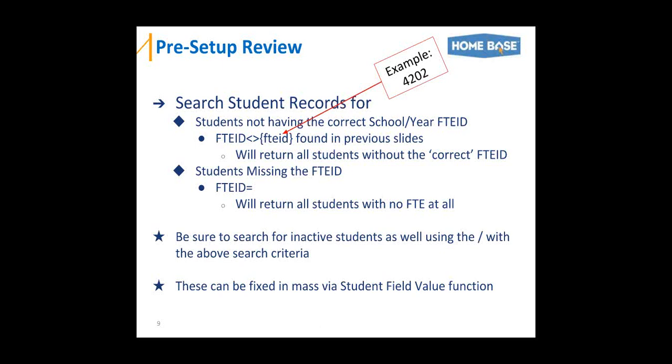So use that front slash to include those inactive students. And if you have a bunch, they can be fixed in mass by using the student field value function. And when you do that, you're definitely going to make sure you have the code ready to put in.